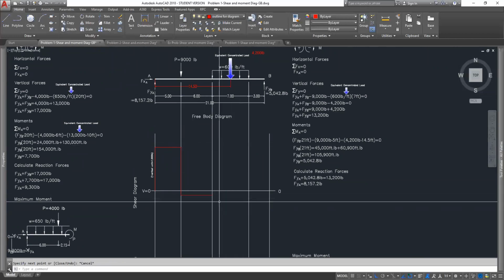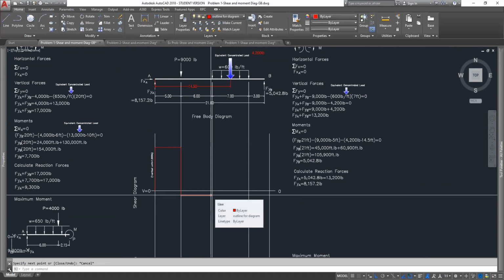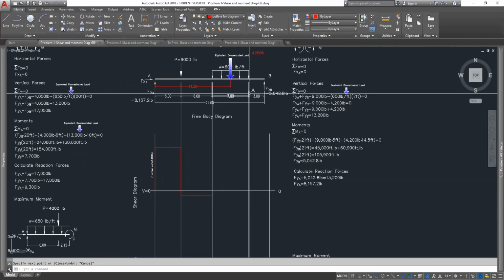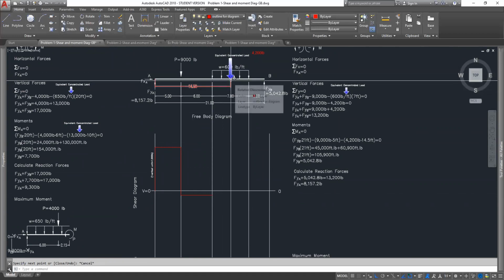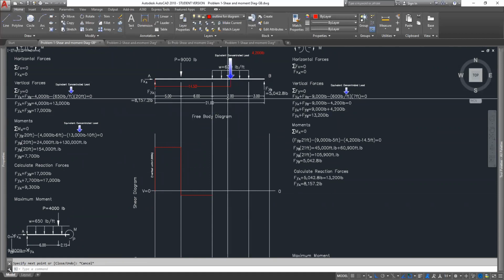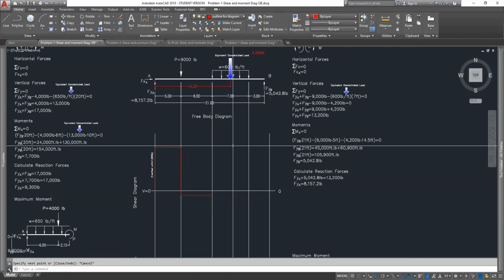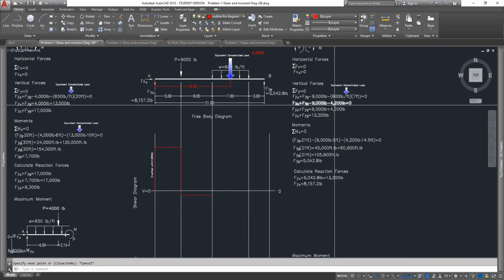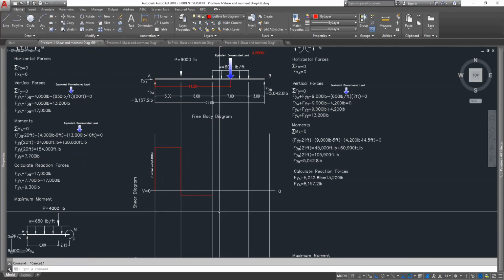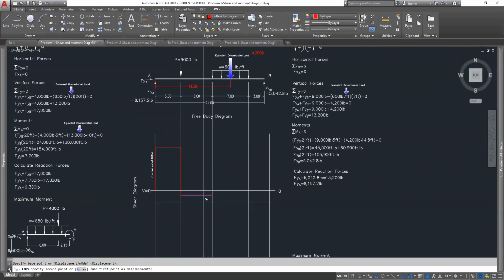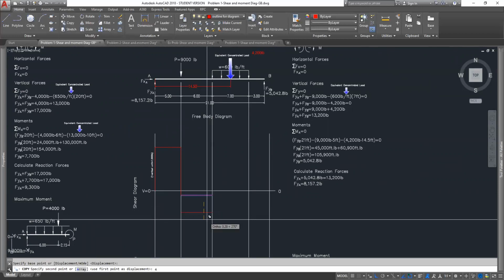Okay. Now I start applying an additional load at this point, all the way from here to here. So what I need to do is find out my load, which I think we already calculated here at 4,200 pounds, correct? Mm-hmm. All right, so what we need to do is copy this guy down. 4.2.